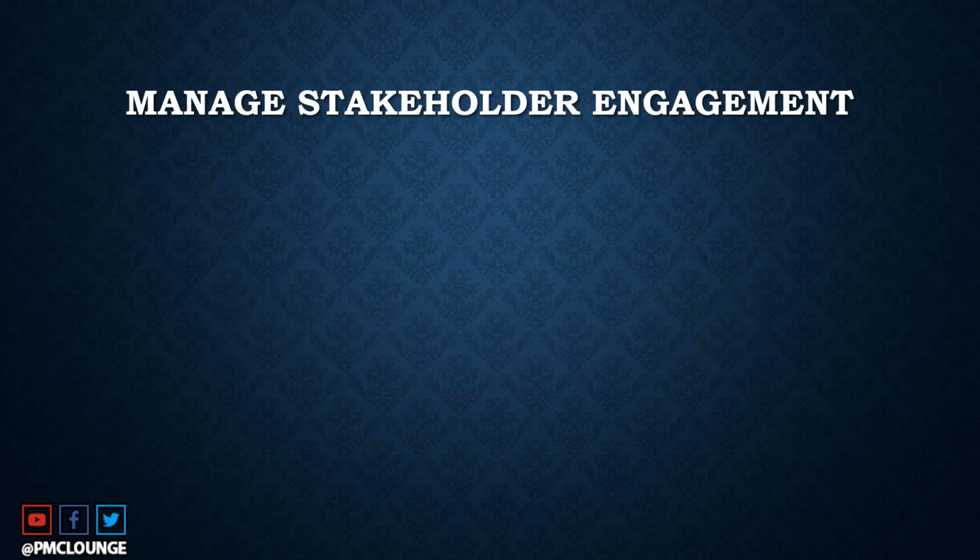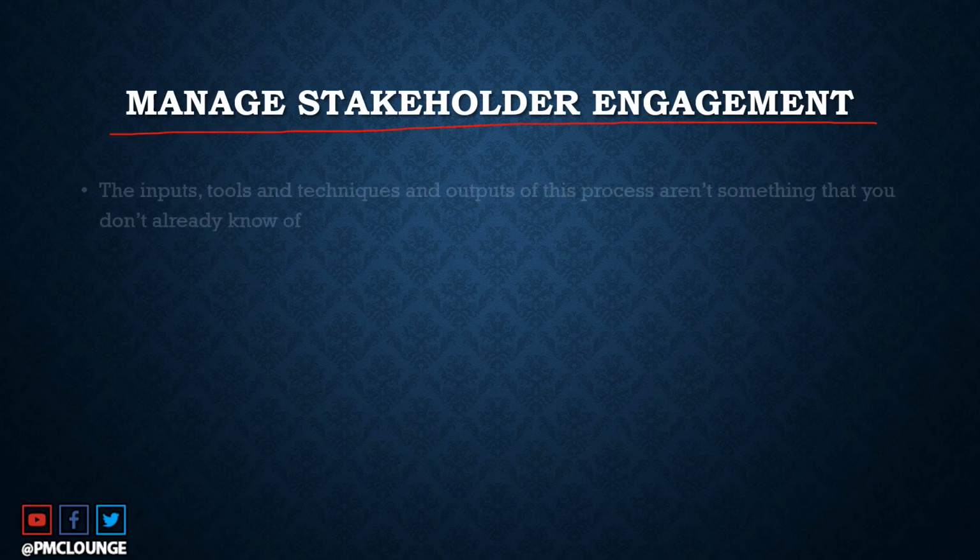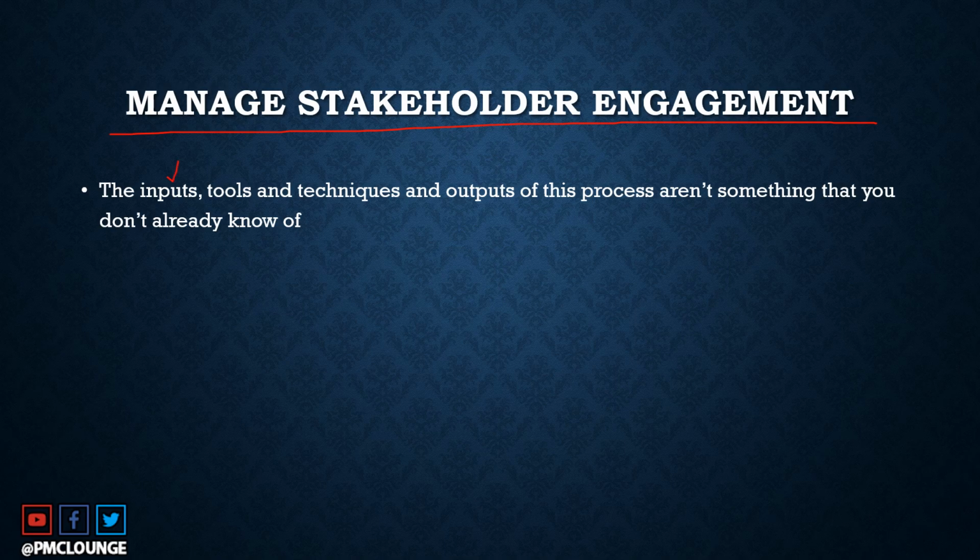Okay, so let's try to understand this process. Manage stakeholder engagement process. First of all, the inputs, tools and techniques and outputs of this process aren't something that you don't already know of. You already know them. Why? Because stakeholder management knowledge area is the last knowledge area in the PMP courseware.